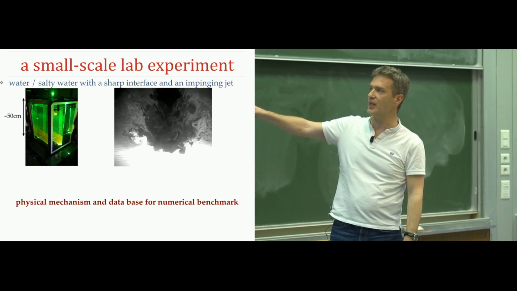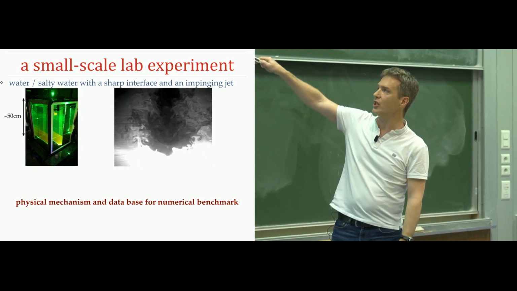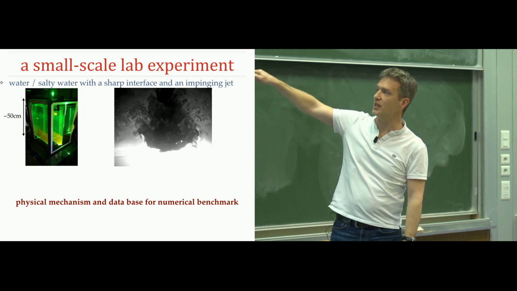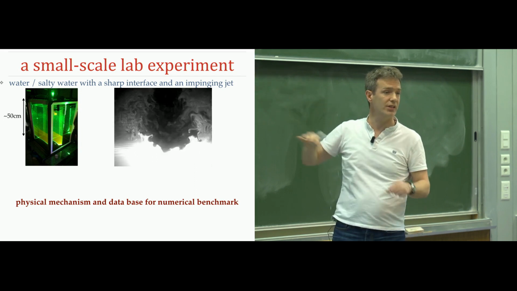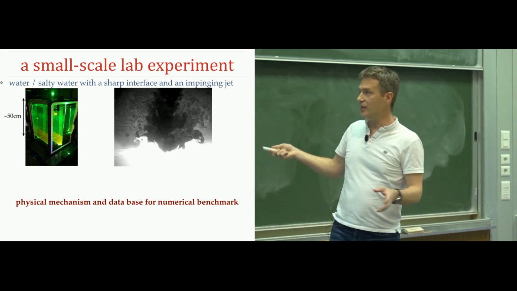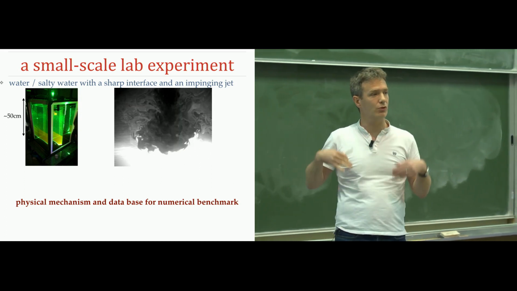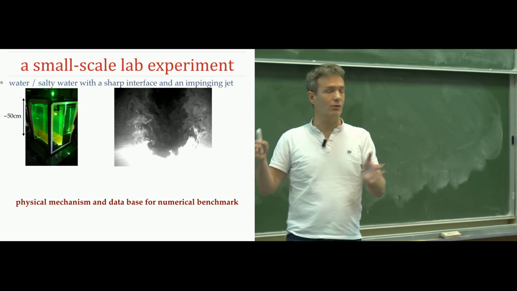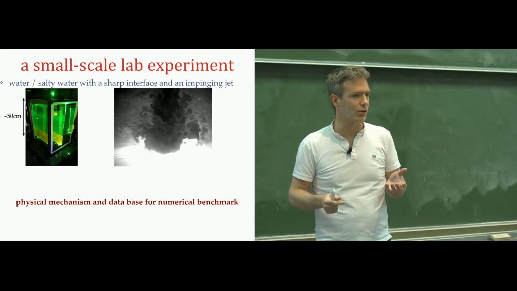We put some fluorescent dye in the stratified layer. We have injection from the top with a given velocity, and we look at the mixing from the impinging jet on the interface. Very simple configuration. In the lab, we try to describe the physical mechanism for mixing, and we also want to give some data so that French nuclear safety can benchmark its numerical models.